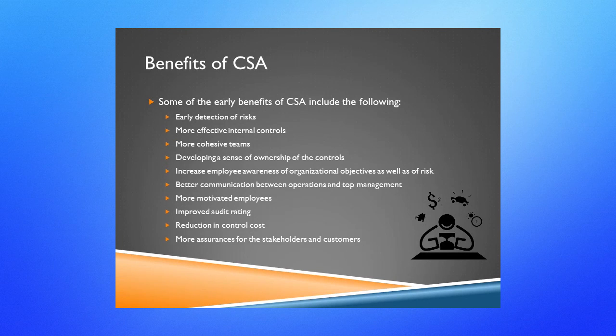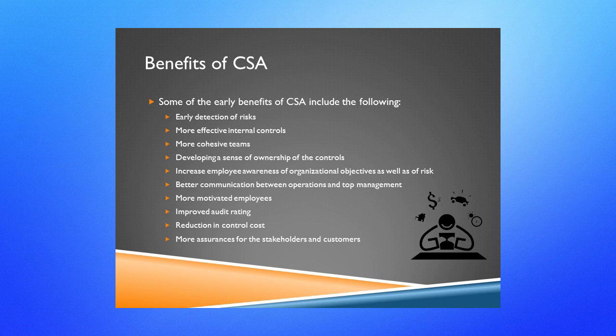By using the CSA, you have some potentially good benefits. Those can be, of course, early detection of risks, because now you have people involved in watching and monitoring these controls, and they may be able to show you evidence of potential risks. So you have early detection. You should get more effective internal controls, hopefully a more cohesive team. And by developing that sense of ownership of the controls, maybe you can get better motivation from the people that are working with it.